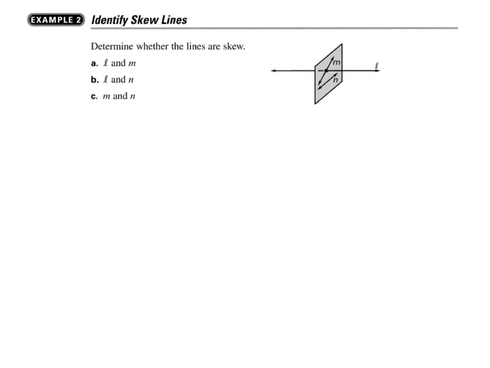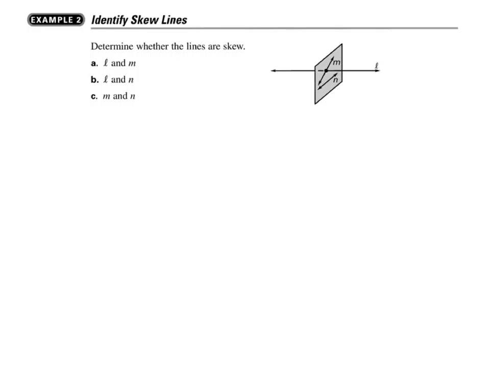Example 2 is to identify skew lines. Determine whether the lines are skew. L and M. If you see L and M, M is on that shaded plane, and L punches through that. If you think about the plane as a piece of paper, L punches through it, and it intersects M at that point. So because they're intersecting each other, they are not skew. L and N, on the other hand, they each belong to two separate planes, and they don't intersect.